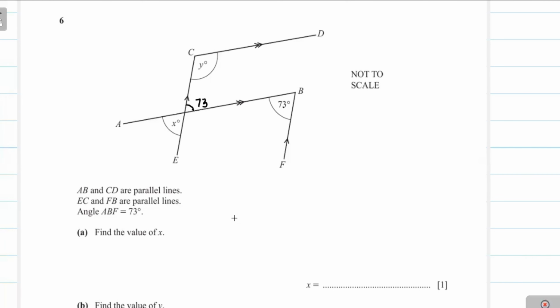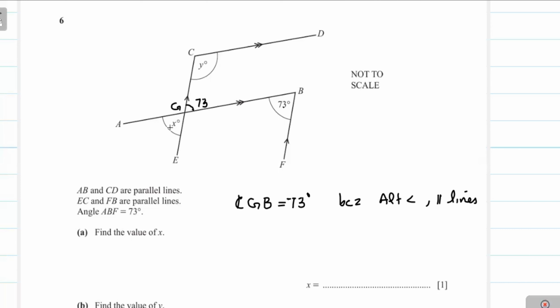Now we can write here the angle, and we name it as G. Angle CGB is equal to 73 degrees, alternate angle of parallel lines.